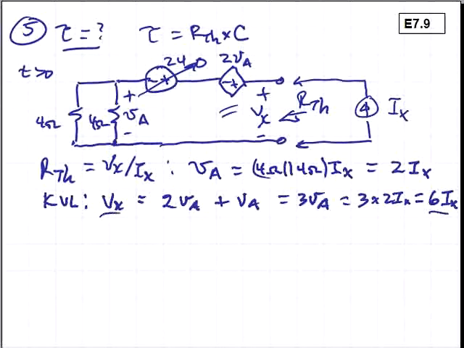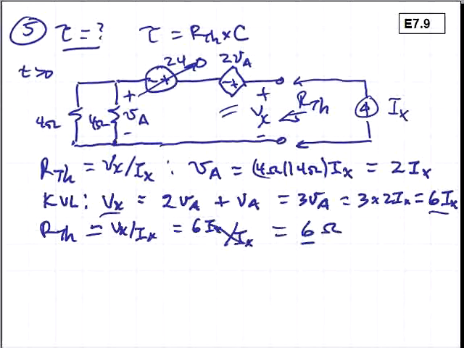So we have V sub x is equal to 6Ix. R Thevenin is the ratio of Vx to Ix. That's equal to 6Ix divided by the Ix, which is equal to 6 ohms. And then we can say the time constant is equal to R Thevenin C, which is equal to 6 ohms times 2 farads for the capacitance, and that's equal to 12 seconds.